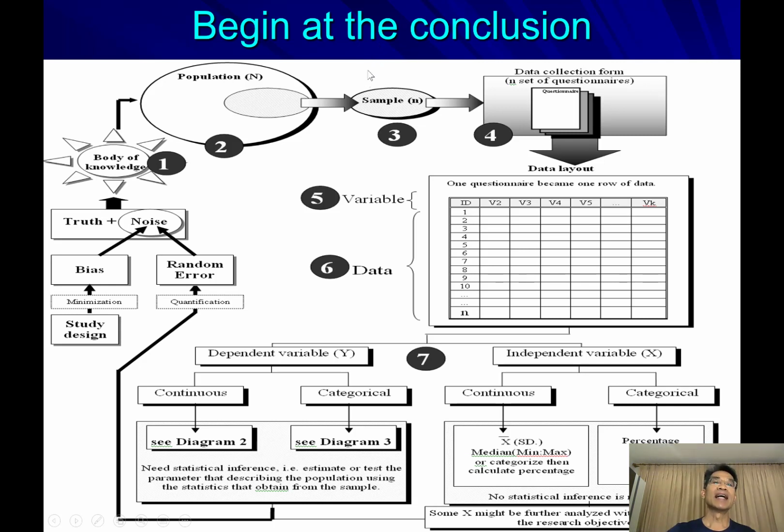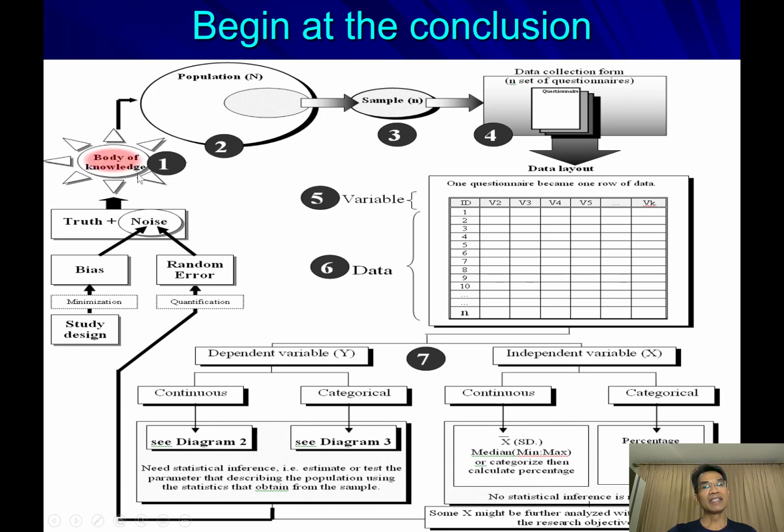Research here, I mean quantitative research, which needs to quantify things. Quantify what? Quantify the magnitude. Quantify the magnitude of effect, I would say, that is used as the basis for the conclusions of the research.